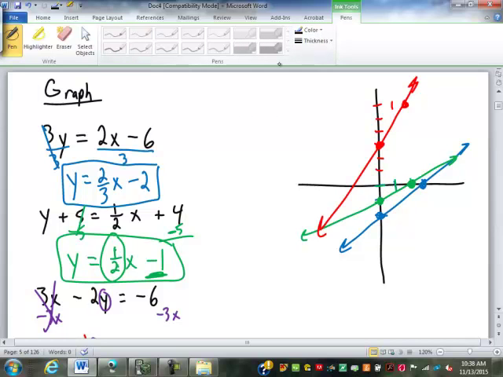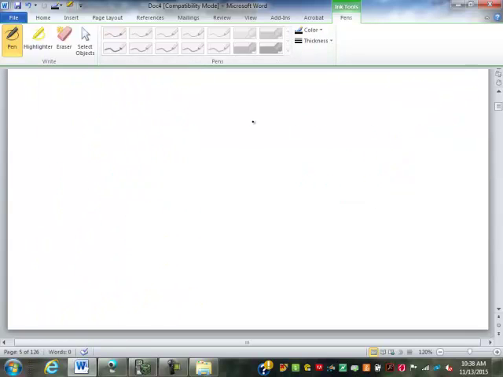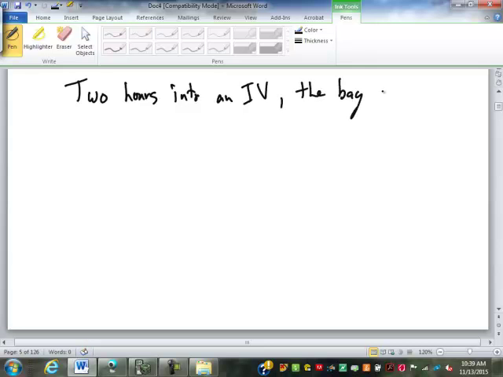Okay, well, from that, there are other ways we can graph a line. Sometimes we're not given a nice, neat little equation like this. Sometimes we are told, well, let's do something like this. Two hours into an IV, the bag contains 600 milliliters of fluid.